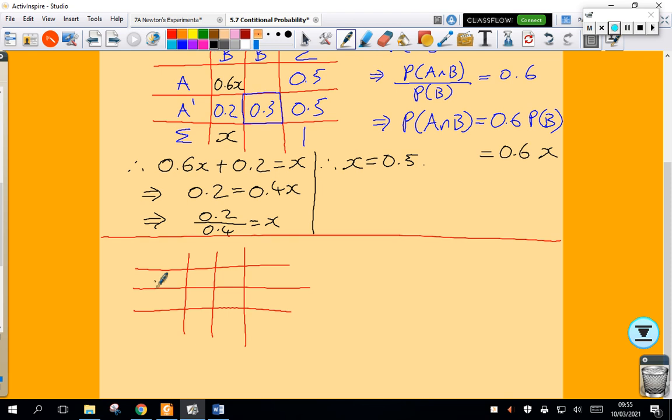We have events A complement, and then the sum of those events, we have the events B and B complement, and adding everything up. So put in all the original things we had in. We had 0.5, we knew that was 1, we knew that was 0.3. We're able to work out everything else. So we're able to work out this had to be 0.5, so this had to be 0.2. From there, we were able to find a value for x. x in this case is 0.5.